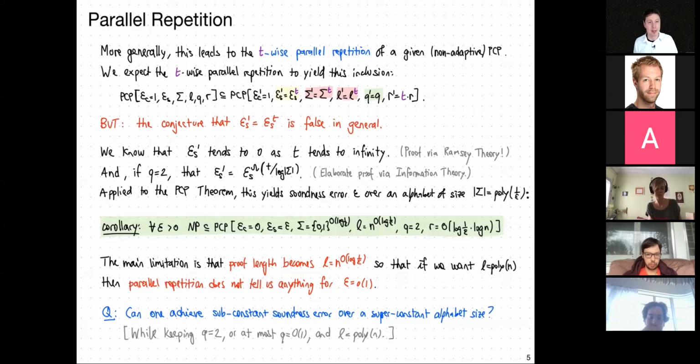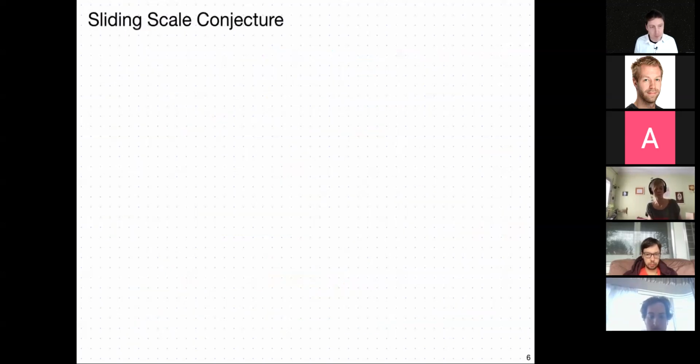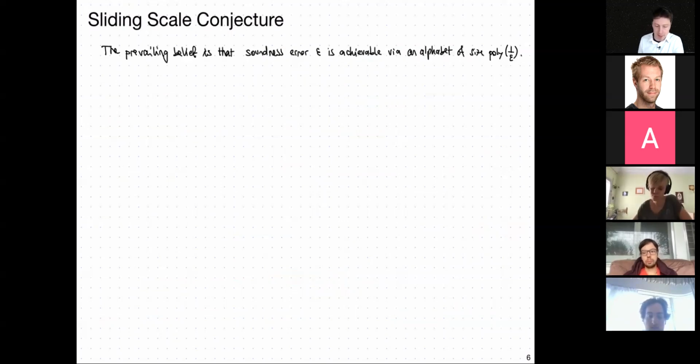All right. So this leads to one of the main open questions in the PCP area. The prevailing belief is that the soundness error epsilon is achievable with an alphabet size of poly 1 over epsilon and still with polynomial proof length.